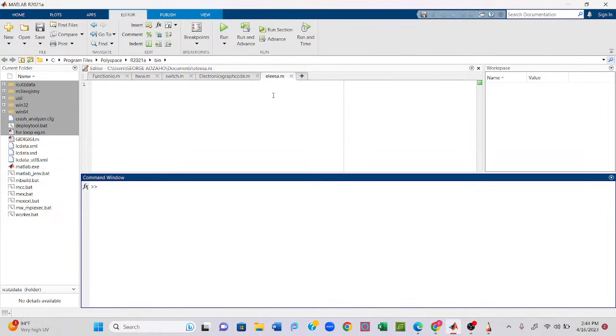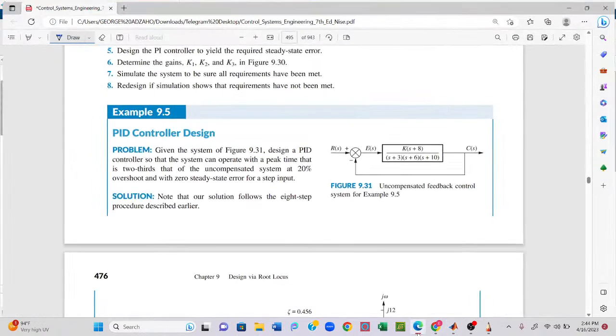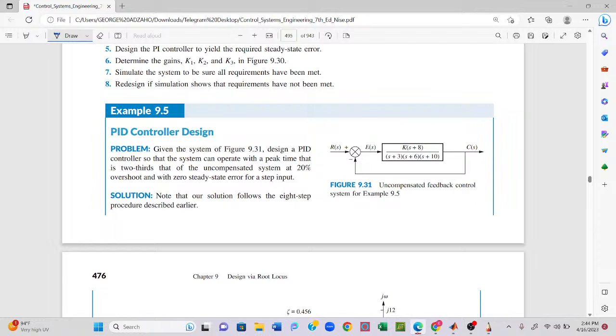MATLAB. This was the system. We are going to plot the system in MATLAB.